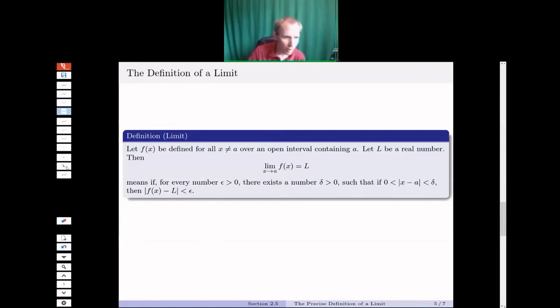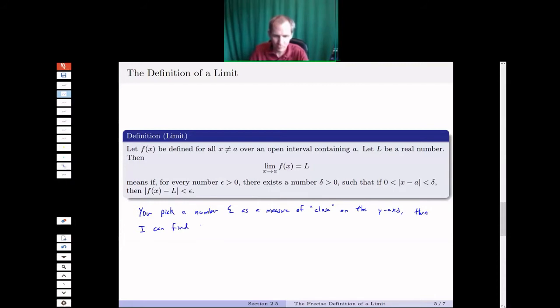Okay. So maybe writing this out another way. If you pick a number epsilon as your measure of closeness on the y-axis, then I can find a close enough measure, right?